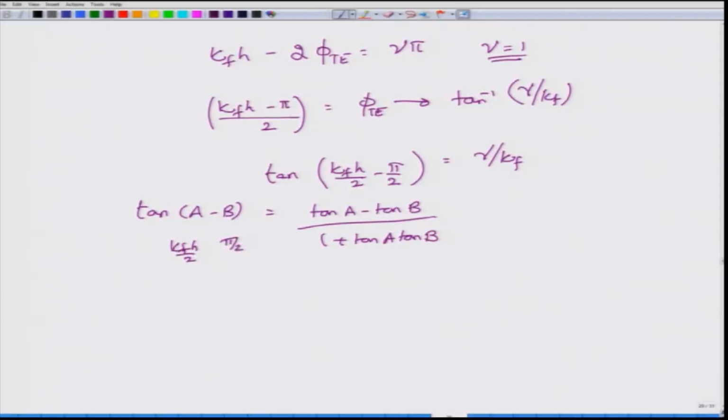What you get here would be minus 1 by tan of kappa f h by 2, which would be equal to gamma by kappa f.